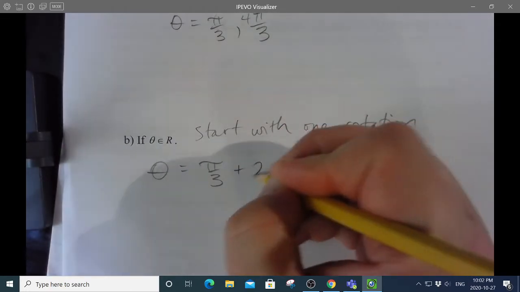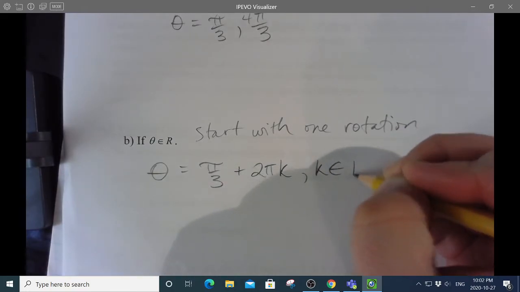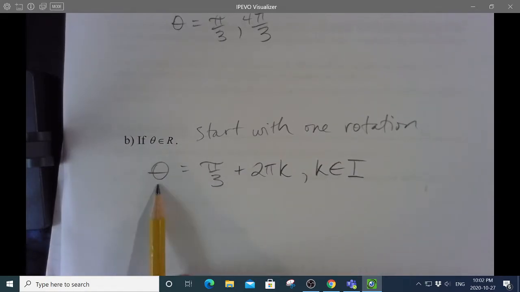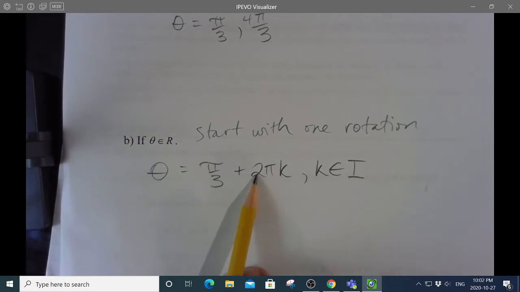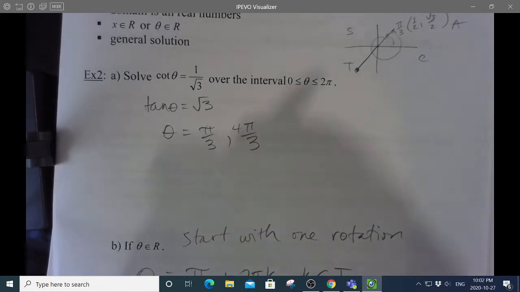And here's how I say that. What the heck language is that? Well, it's saying that theta is pi by 3 plus 2 times pi times any integer k. Oh, notice that also means I can go backwards.